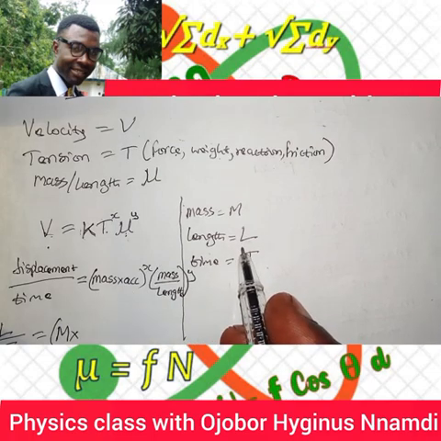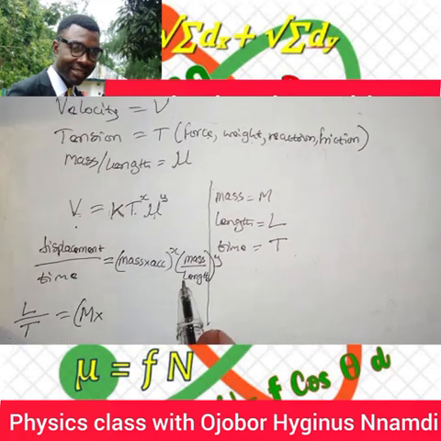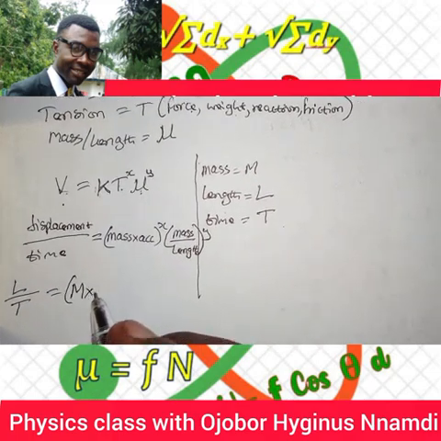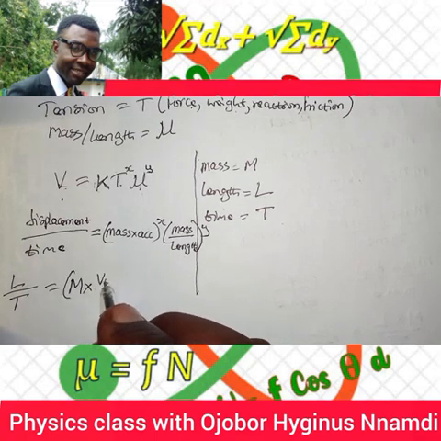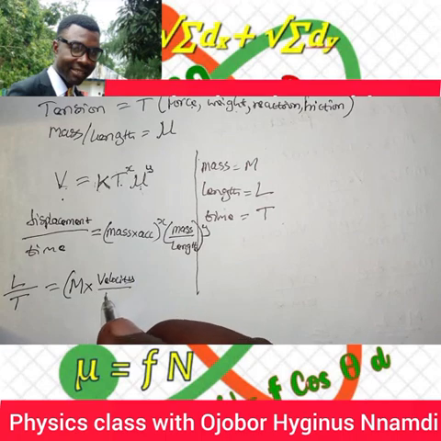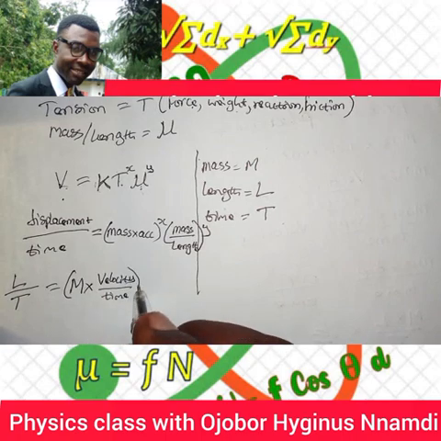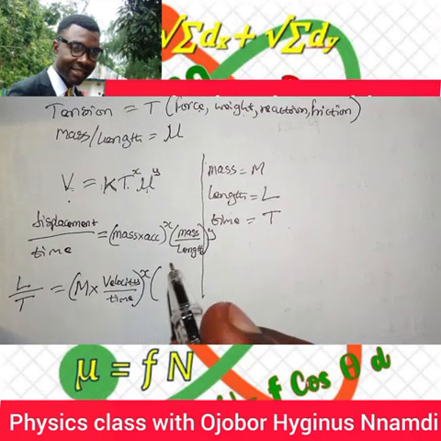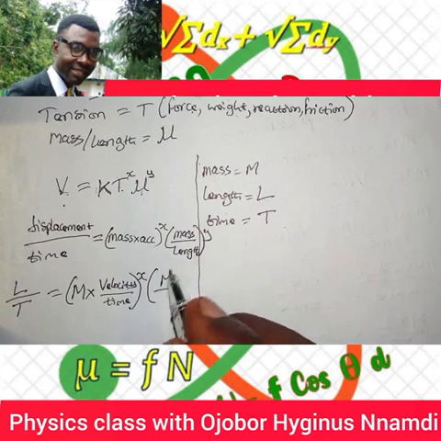So we have to break down acceleration again, and we know that acceleration is velocity over time. Acceleration is velocity divided by time. So all raised to power x, remember. And then this other one, the dimension of mass is M, dimension of length is L raised to power y.